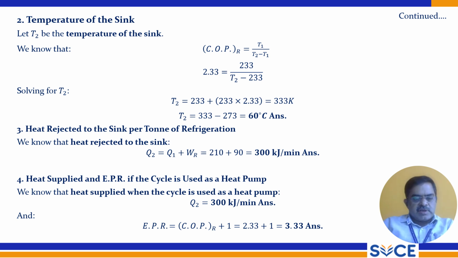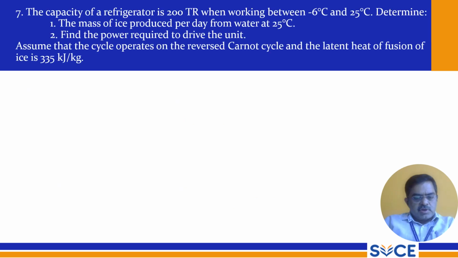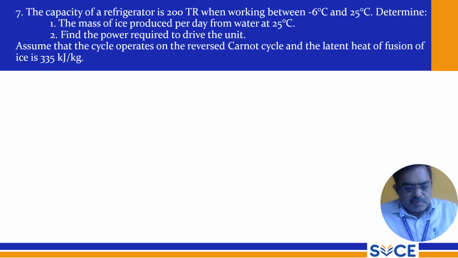So that is the problem, and we have solved all the 4 tasks given here, and we will move to the next problem. So coming to the next problem, the capacity of a refrigerator is 200 tonnage of refrigeration when working between minus 6 degrees Celsius and 25 degrees Celsius.